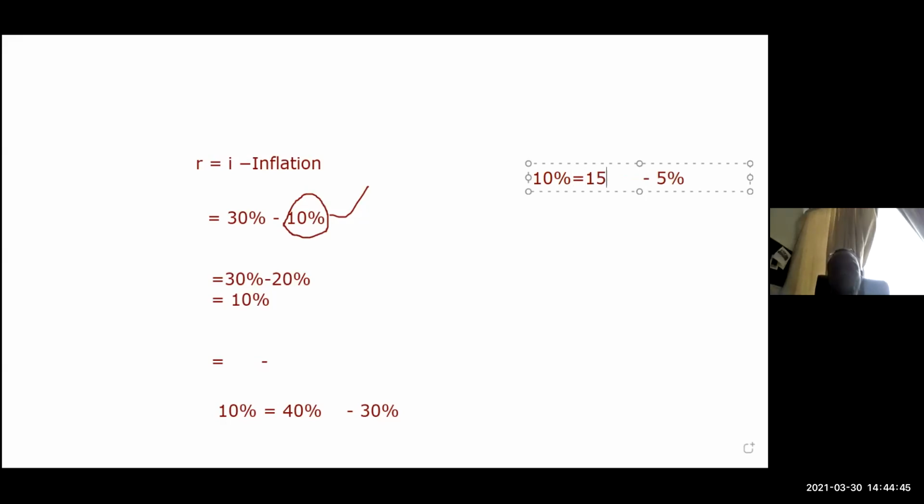Then I charge you 15% in nominal interest rates, and 5% goes to defray inflation costs, and then I get my 10%.